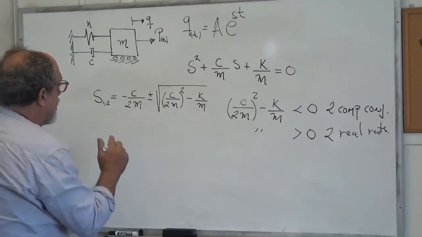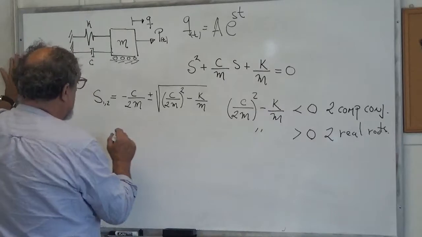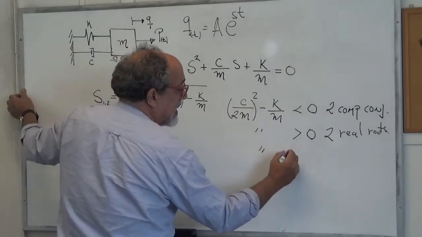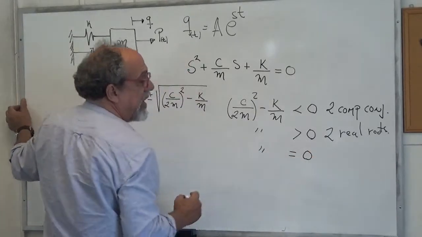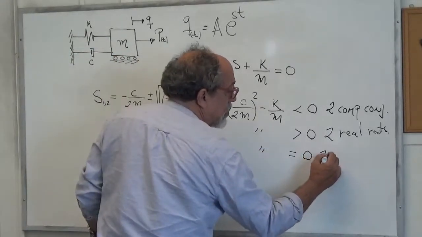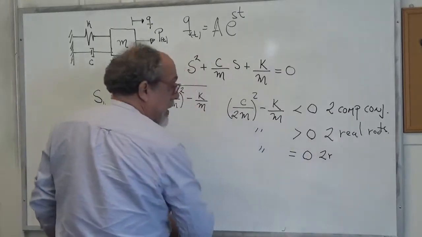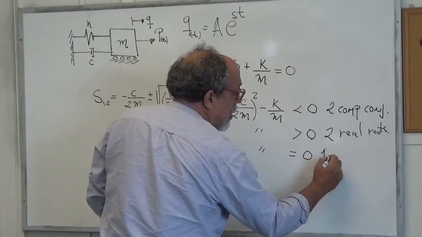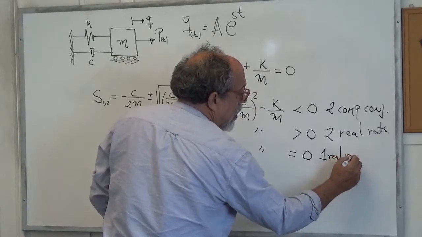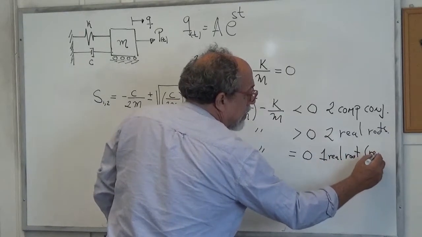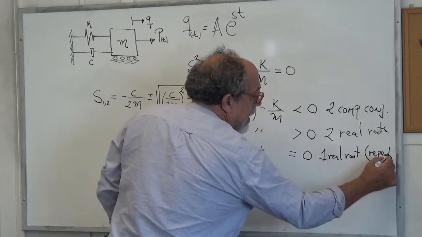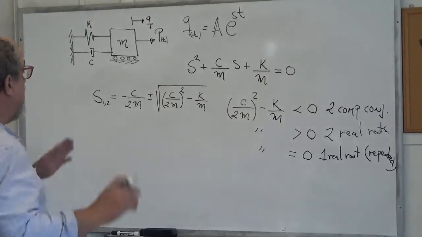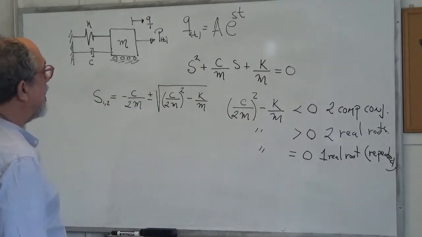This thing of a repeated root sometimes is confusing to people, but let's just say in the particular case when this is exactly equal to 0, which is the dividing line, we have one real root, but then we have to put repeated. As I say, that can be confusing at first, because what do you mean repeated? I can see it's plus or minus 0, but what do you mean?